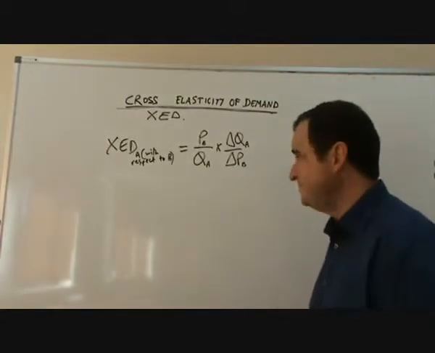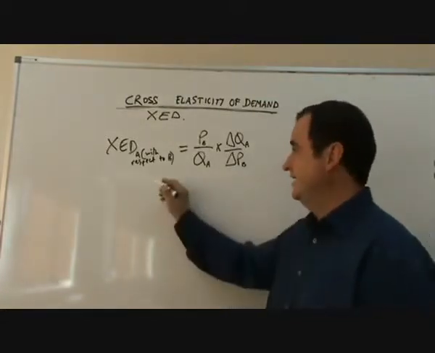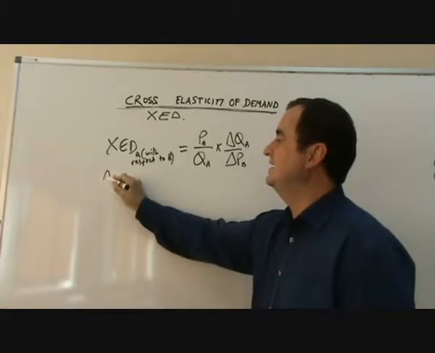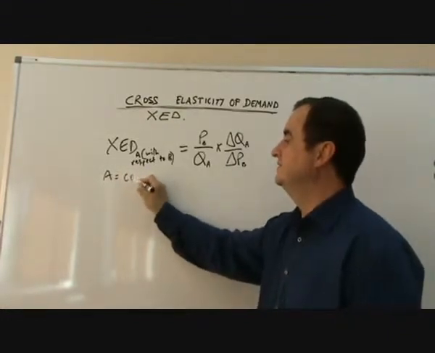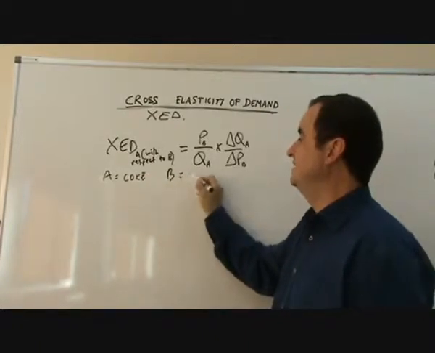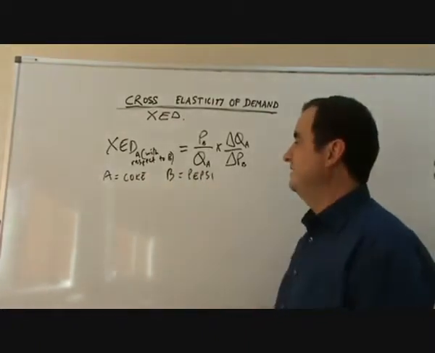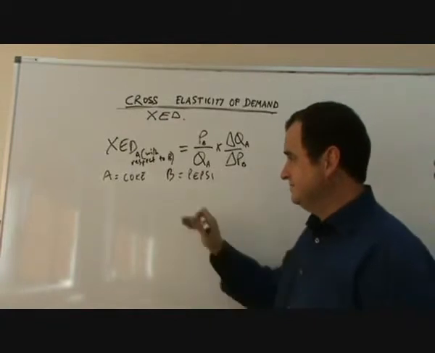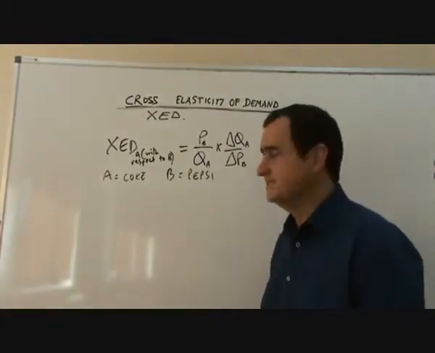Okay. Let's work with an example. Let's imagine that A is Coke, Coca-Cola, okay, just put Coke. B is Pepsi. Now, we're going to measure what happens to the demand for Coke when Pepsi changes price.